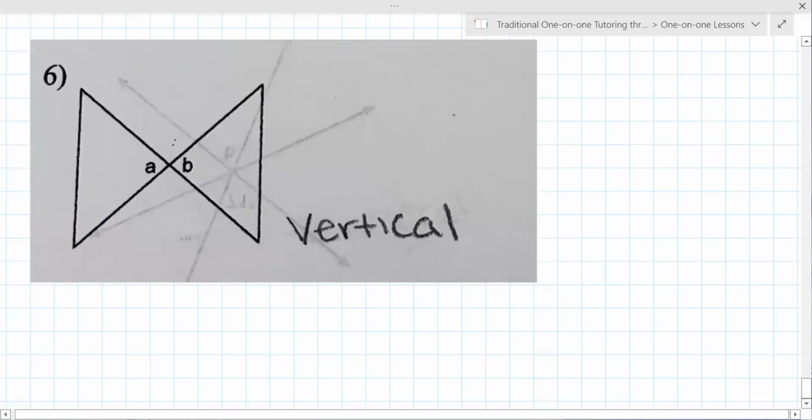But if A were also up here, then it would be adjacent to B, and if B were down here, then it would be adjacent to A, but they're not. They have to literally be right next to each other. They have to share the ray between them, this middle part.